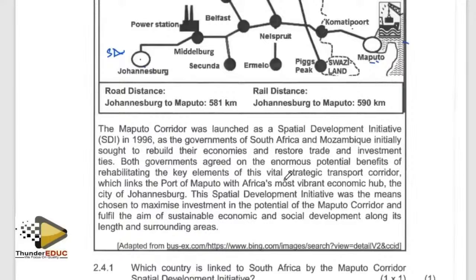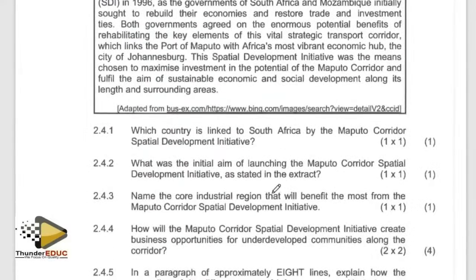Both governments agreed on the enormous potential benefits of rehabilitating the key elements of this vital strategic transport corridor, which links the port of Maputo with Africa's most vibrant economic hub, the city of Johannesburg. This Spatial Development Initiative was the means chosen to maximize investment in the potential of the Maputo Corridor and fulfill the aims of sustainable economic and social development along its length and surrounding areas. Okay, so that is just supplementing the diagram above.